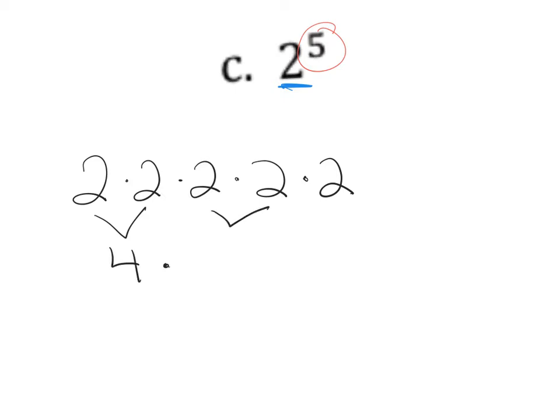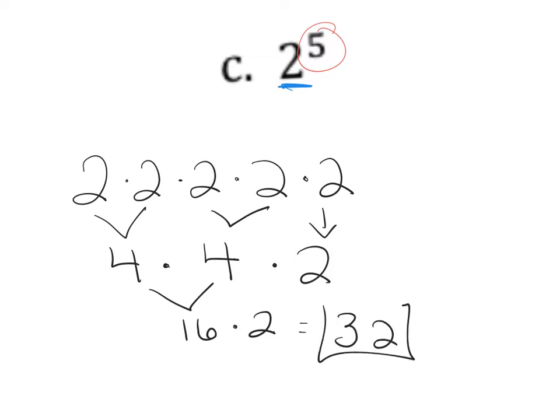Then I have another 2 times 2, which is also 4, and I'm going to drop this 2 down. Then I have 4 times 2, which is 16, and then drop the 2 down again, and 16 times 2 is 32. So your final answer will be 2 to the 5th power is equal to 32.